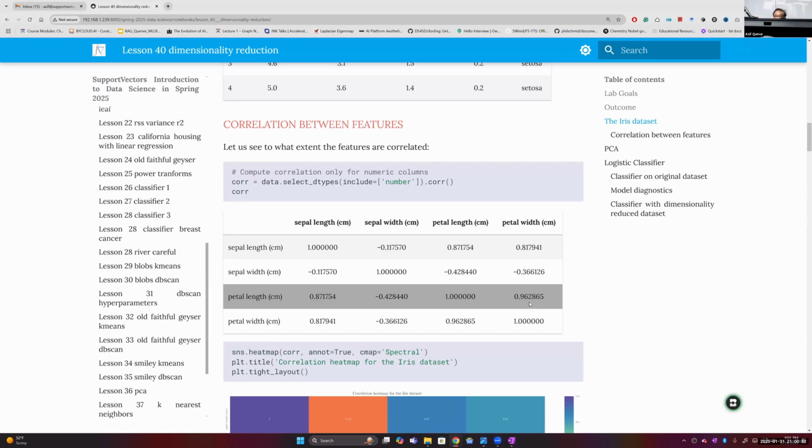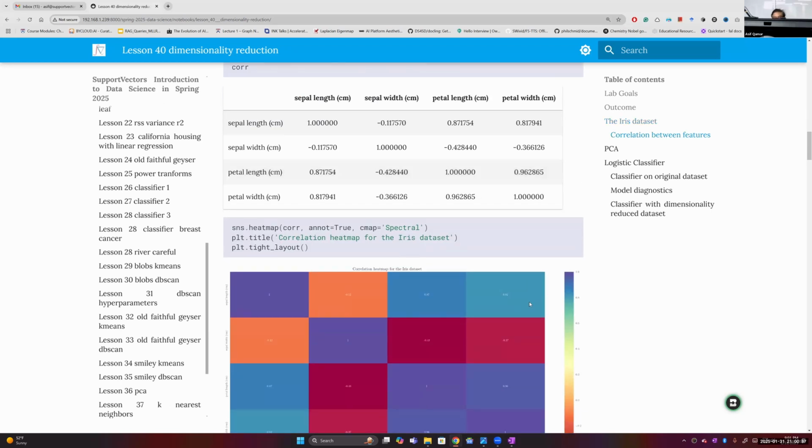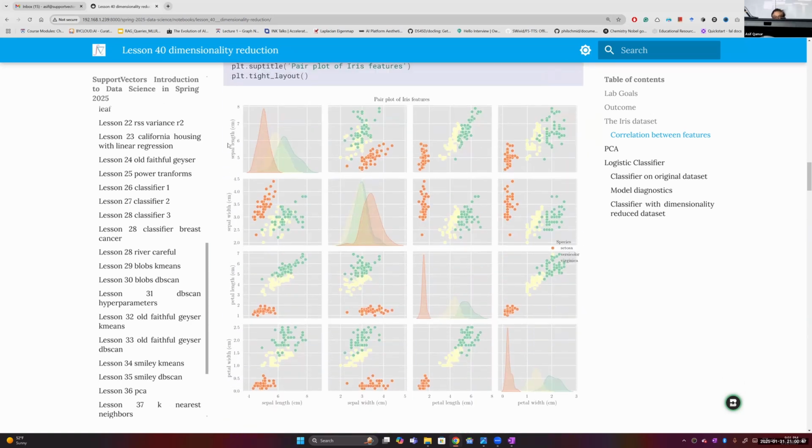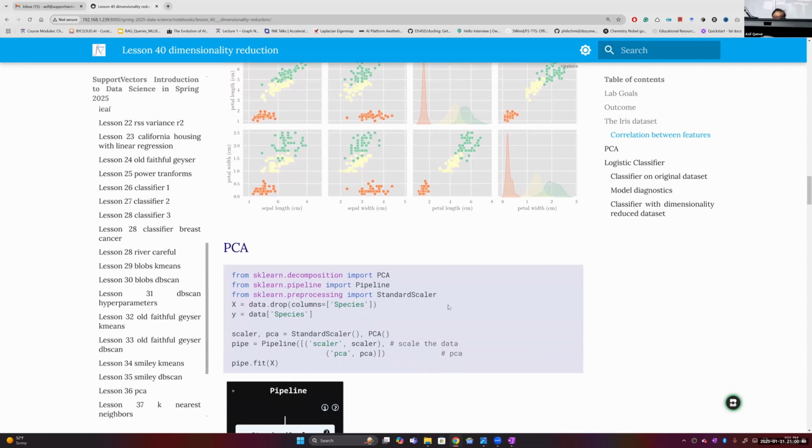So the bigger it is, the more correlated they are. I mean, the length and width are positively correlated. Now, this is basic statistical analysis, pair plots, etc. Make all these pretty plots.